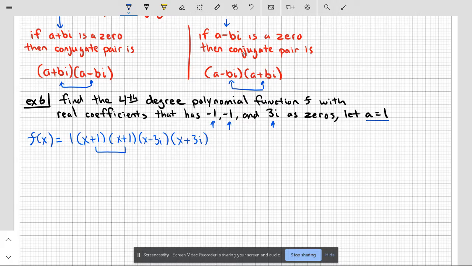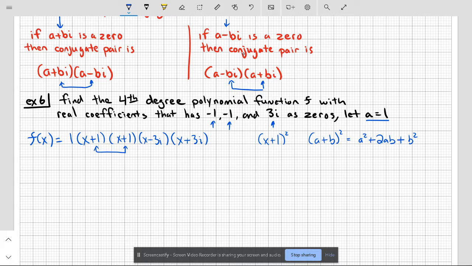These two terms, or these two factors, can be written as x plus 1 squared. And there's a nice little rule where it states that if you have a plus b squared, this is just a squared, and then you're going to say 2 times a times b, followed by b squared.